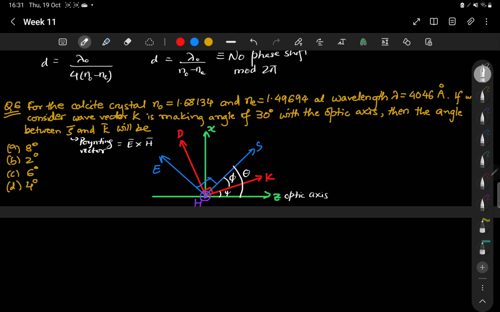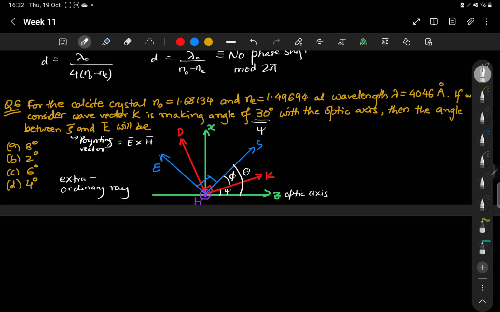And this is for the extraordinary ray. We are given that the wave vector k makes an angle of 30 degrees with the optic axis. So this is our psi angle. So psi we are given is 30 degrees. And if you recollect from your lecture notes, then the expression for phi in terms of psi is as follows.